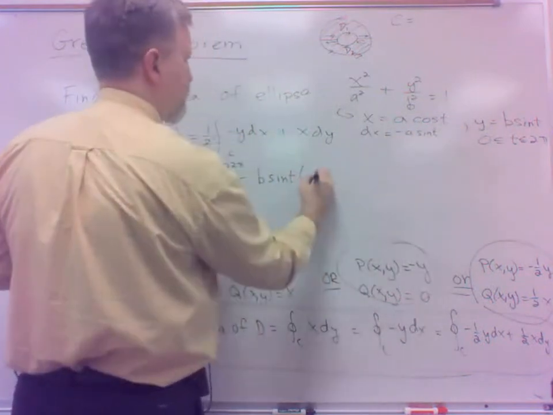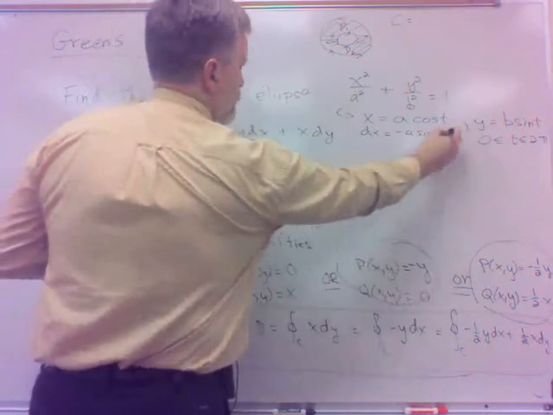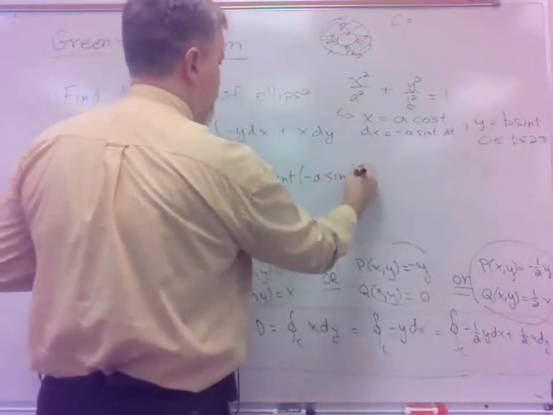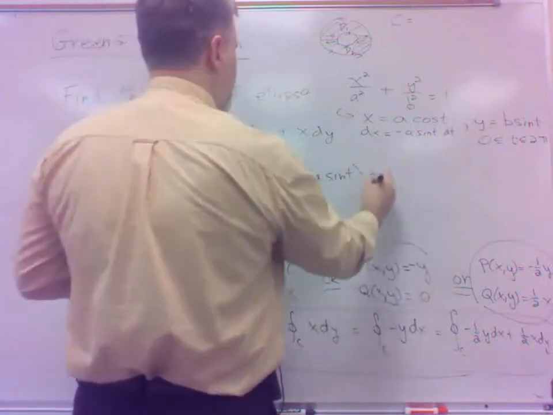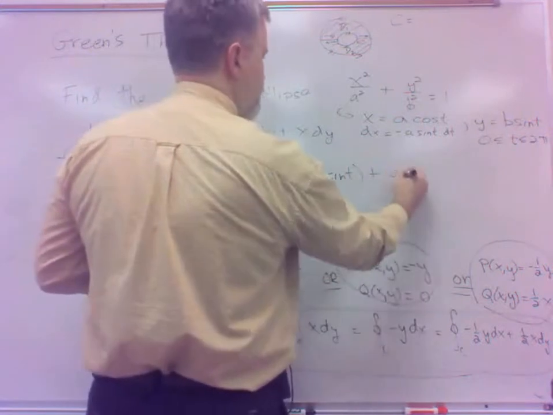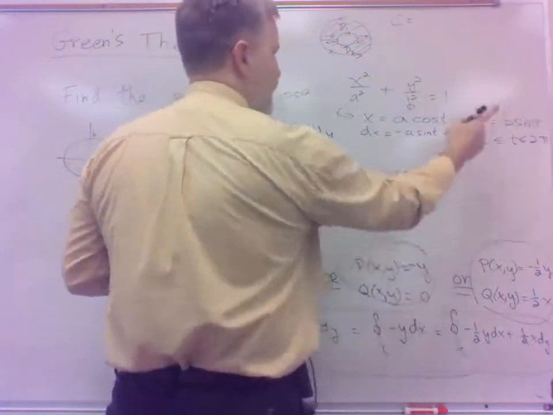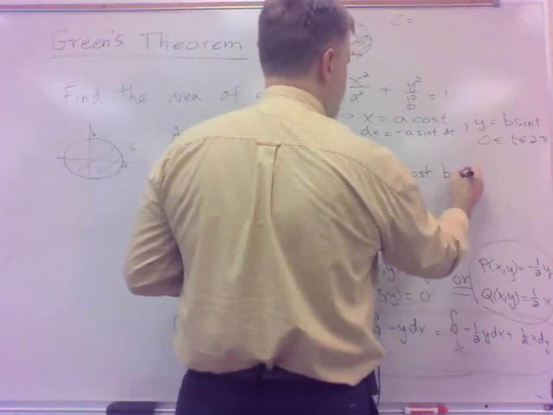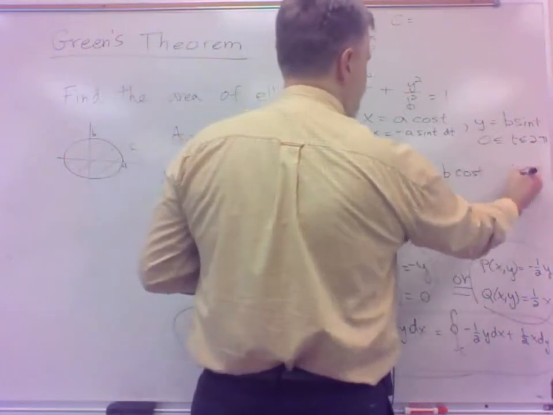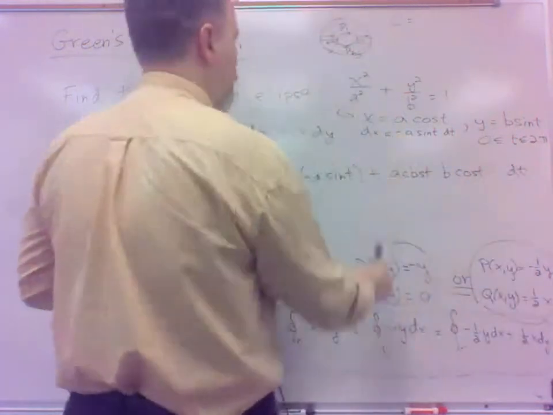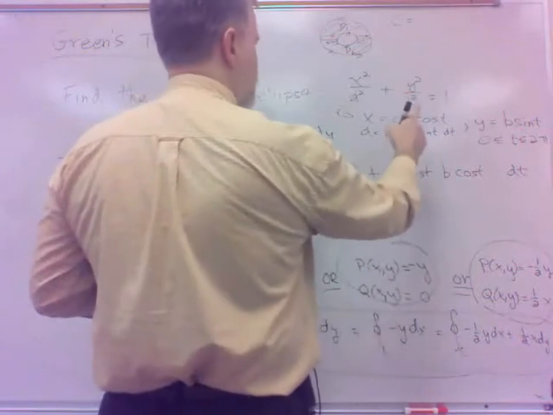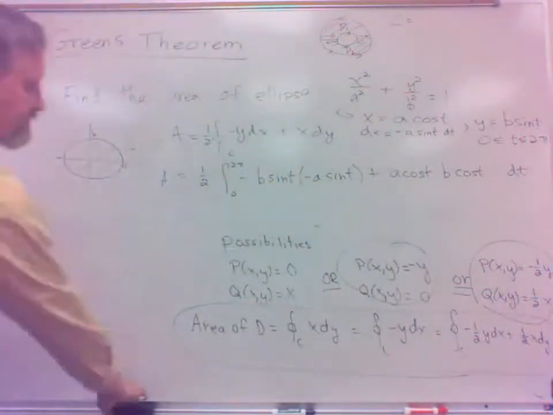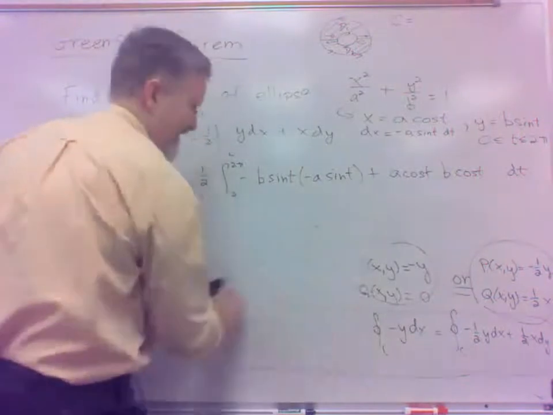That'd be negative a sine t, and we'll put the dt at the end, plus the x would be a cosine t, dy would be just b cosine t. Oh, wait. Yeah, okay. How about that?